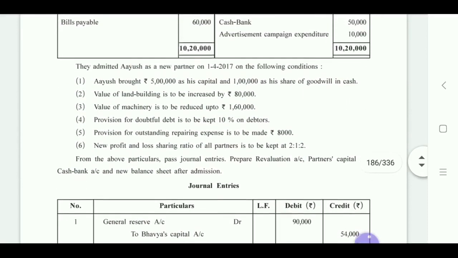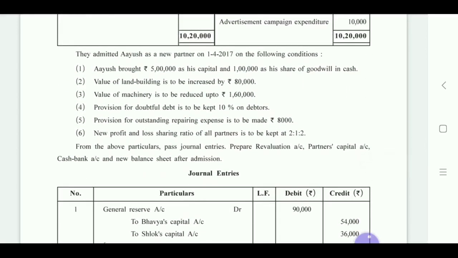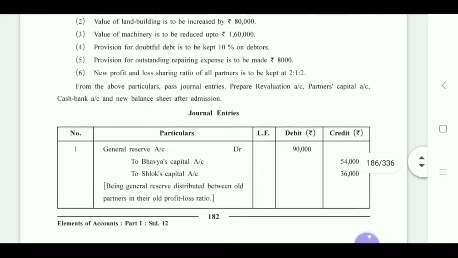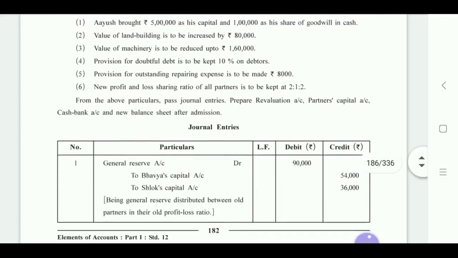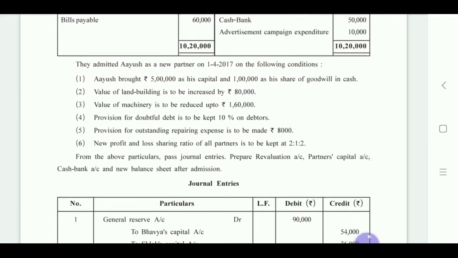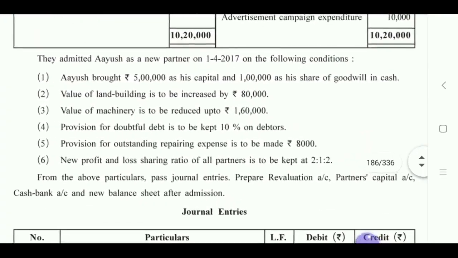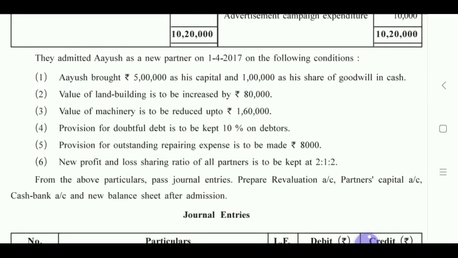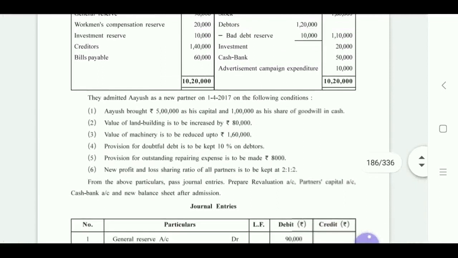I will change the order of journal entries here because the pattern that I follow is a little bit different in case of journal entries only. We'll write down the first journal entry regarding the first adjustment that we have read. And it's completely fine if you change the order of journal entries. No big issue at all.